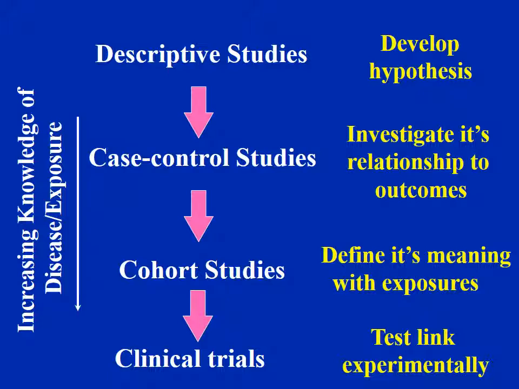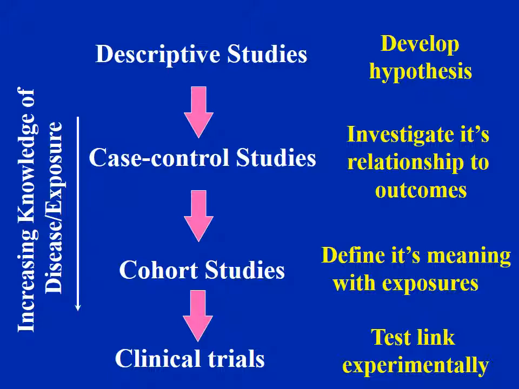We can do this with cross-sectional studies. We can do this with case reports. Case control studies often allow us to investigate the relationship and its outcomes. There was a case control study that your colleagues shared about Camp Lejeune and male breast cancer. Case control studies are very good for rare diseases.